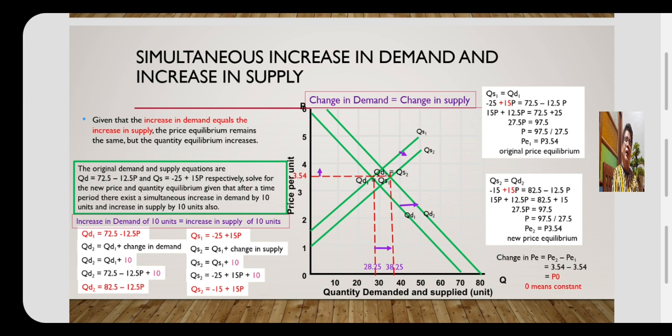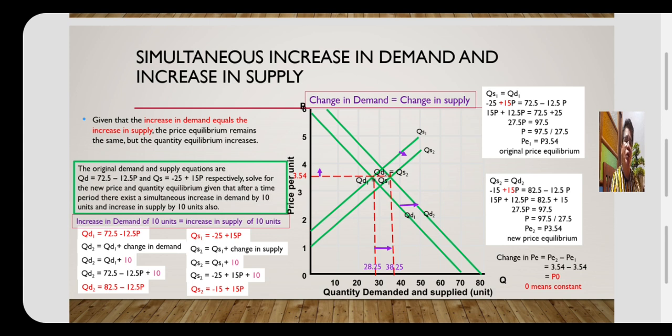To derive the original price equilibrium, we equate the original supply equation to the original demand equation and solve for p. Our p is now equivalent to 3.54. 3.54 is the value of our original price equilibrium. Now to solve for the new price equilibrium, we equate the new supply equation to the new demand equation.